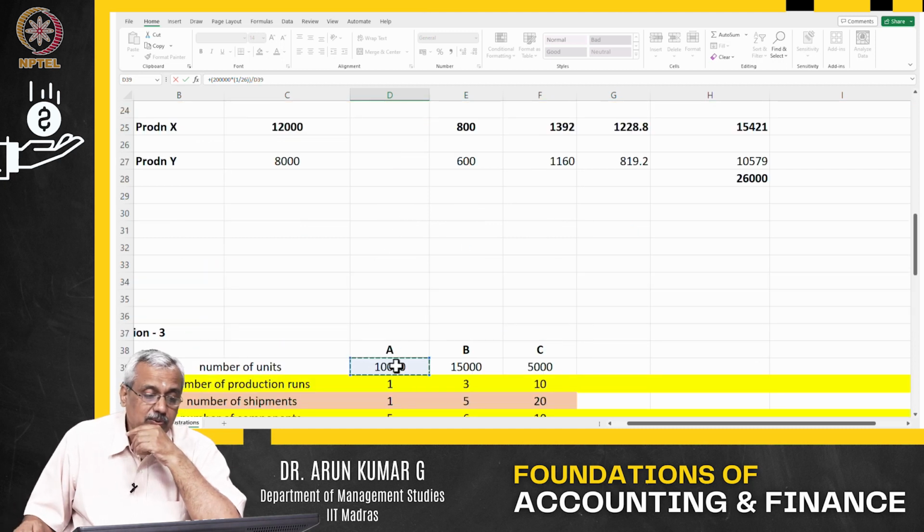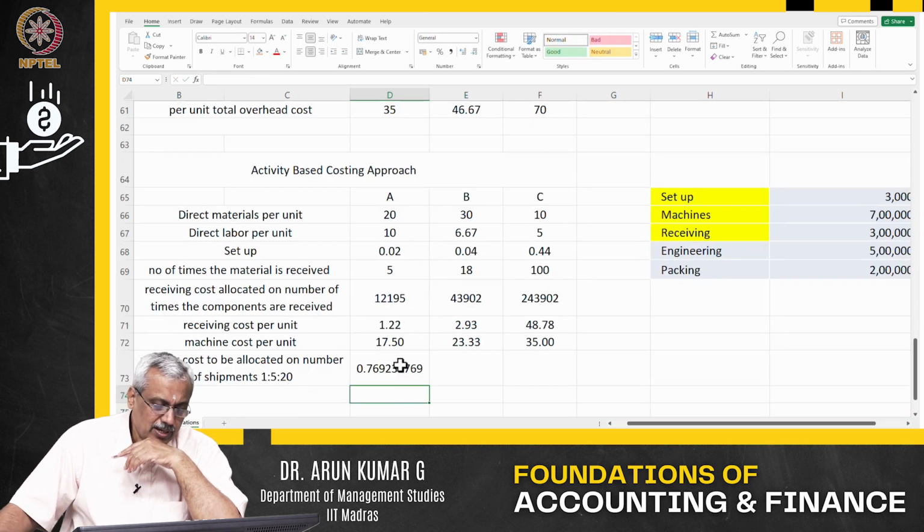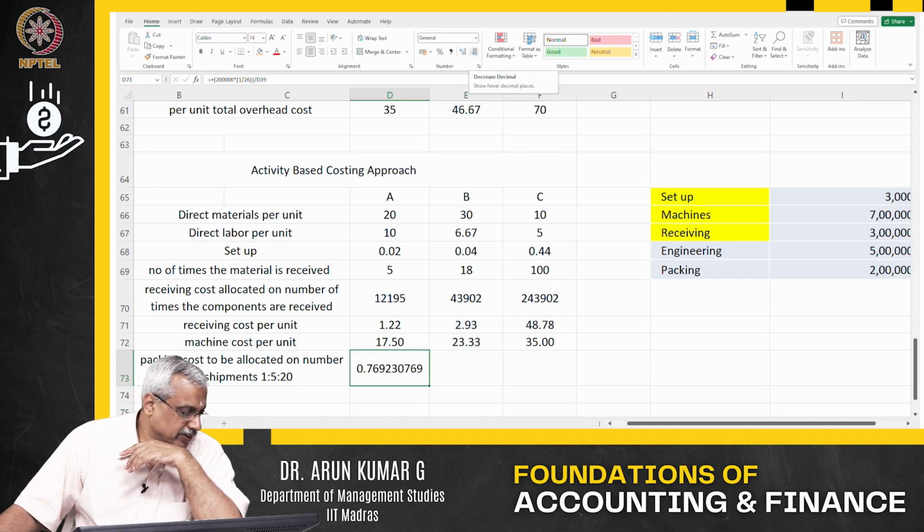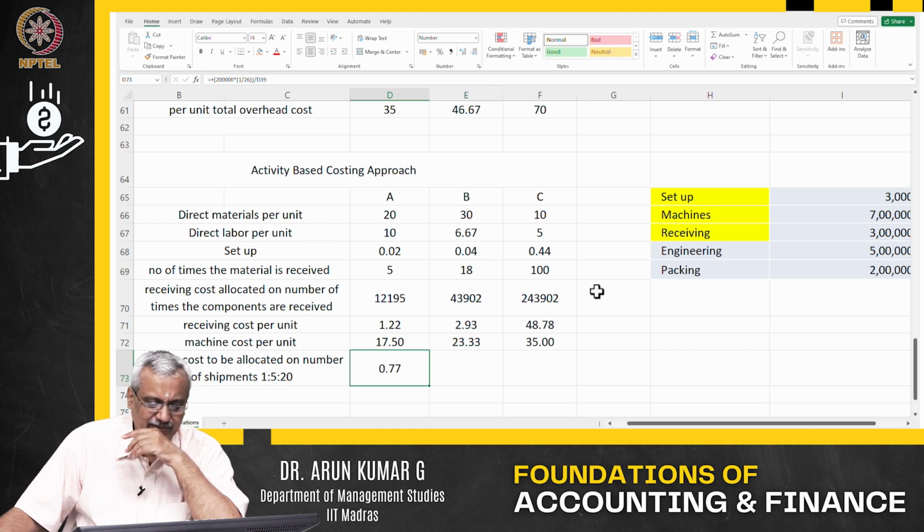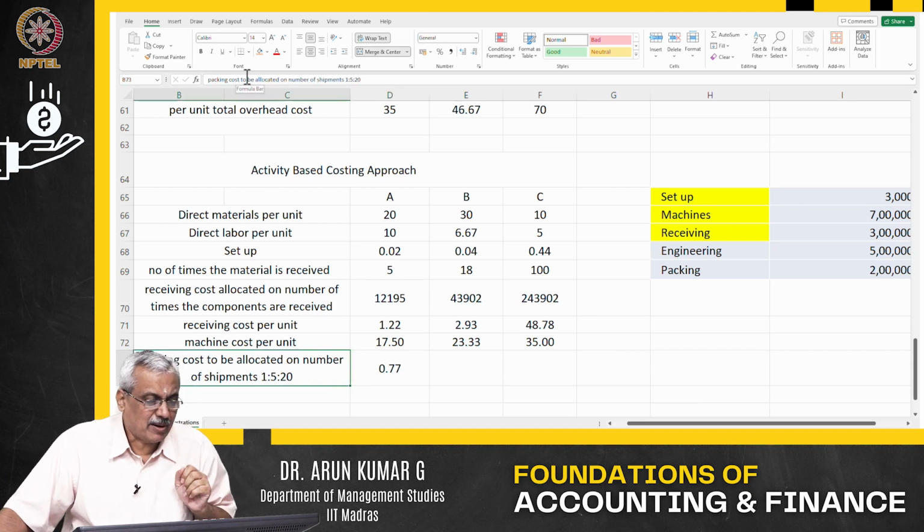So my packing cost comes down to roughly about 0.76 or 0.77 per unit in this case. Let me also add per unit here.